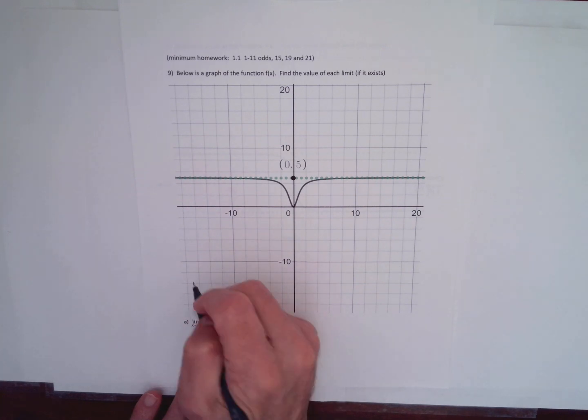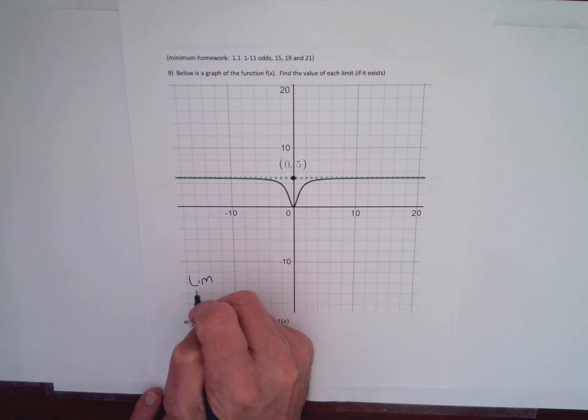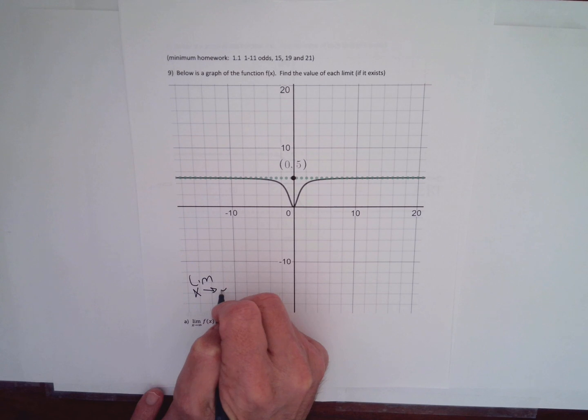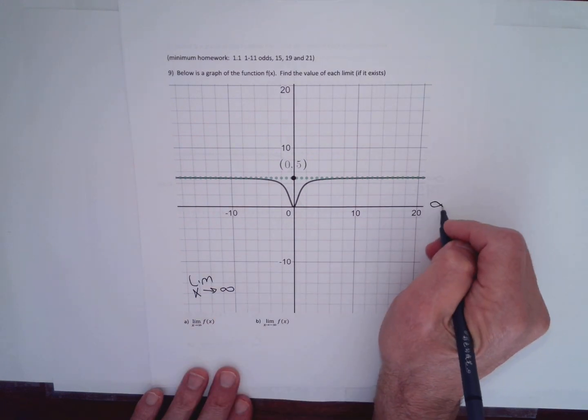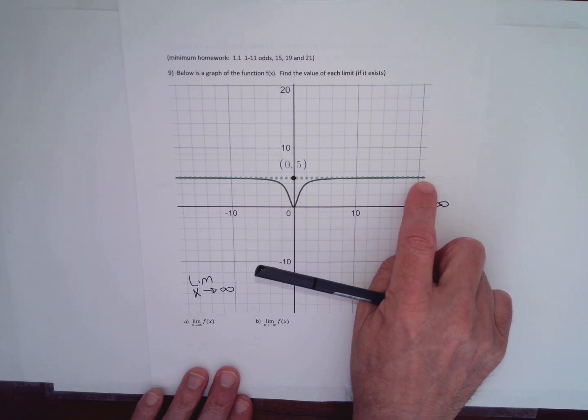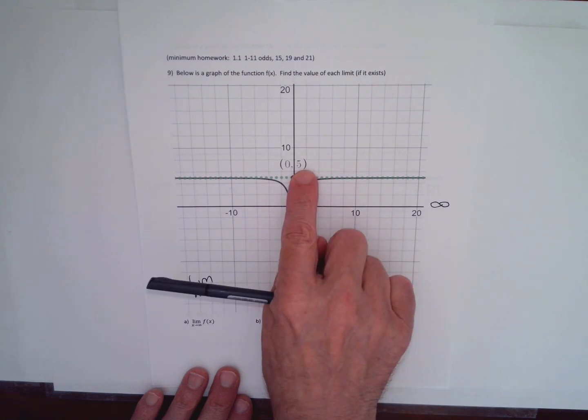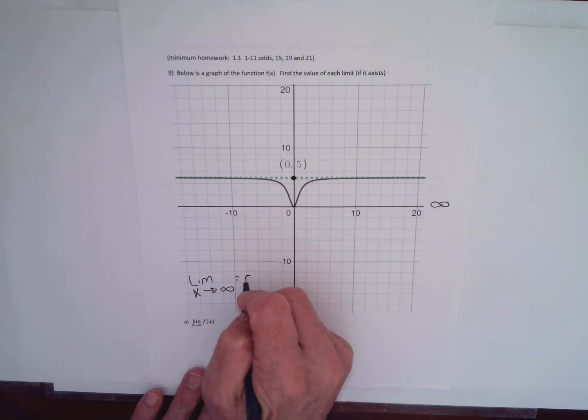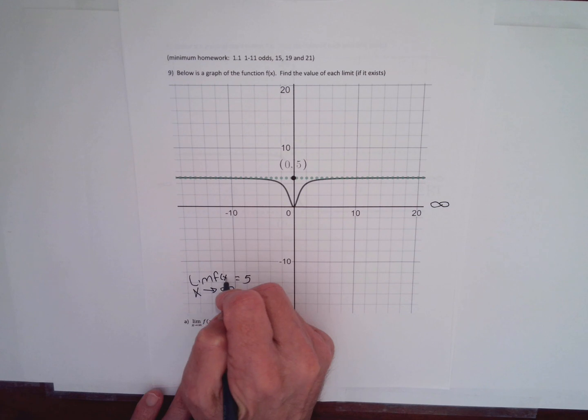The limit as x approaches positive infinity, this is the positive infinity side. Since there's a dashed line, the limit's going to be the y-coordinate of that dashed line that this portion of the graph is buttoned up against, and that's going to be 5. I guess I can write it nicer.